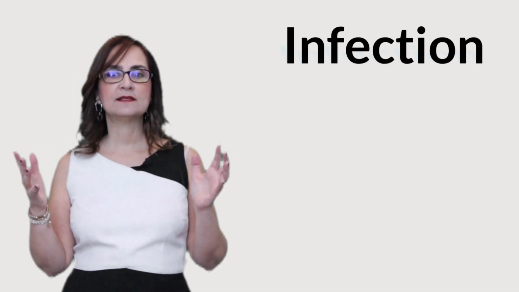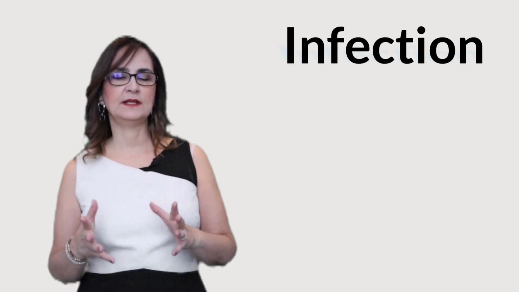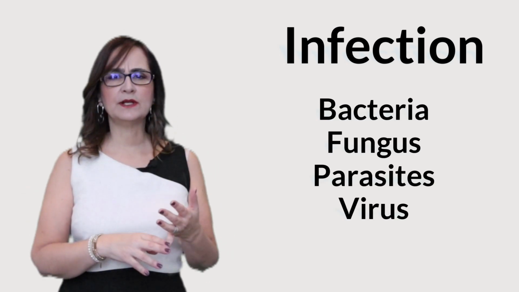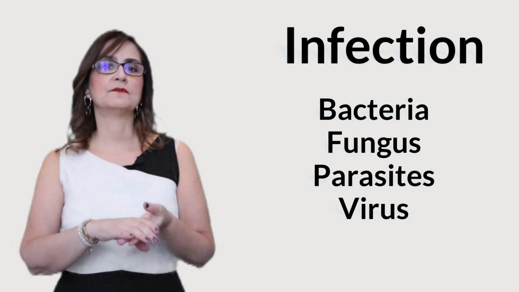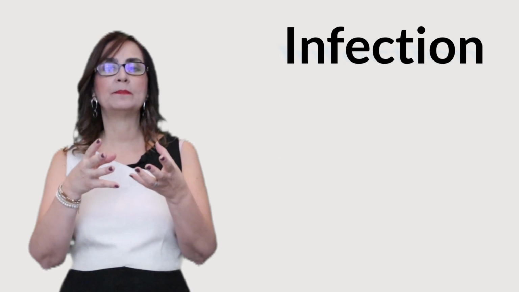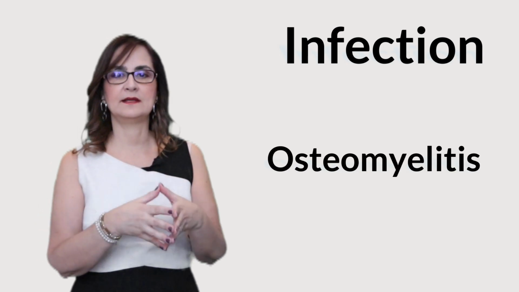The fifth indication for an MRI or CT scan is if there is suspected infection in the spine. This is very rare, but there are situations that bacteria, fungus, parasites, or viruses will lodge in the discs. This is called discitis, or the bones, which is called osteomyelitis.